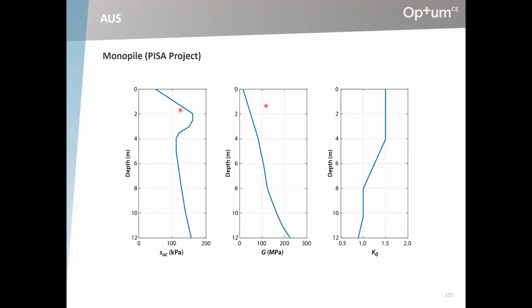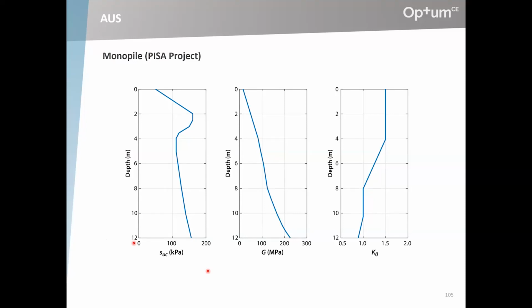What was made available was undrained shear strength profiles. We interpreted these as compressive undrained shear strengths, and then on the basis of the drained friction angle, I believe it was 32 or so degrees, we calculated an equivalent extension shear strength based on the formula that I showed you before.